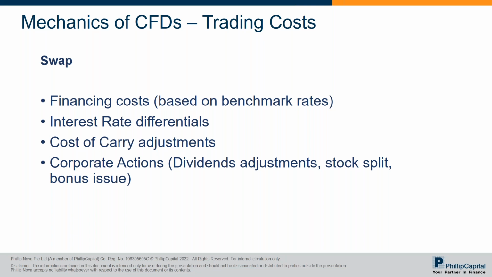Let's say you're borrowing a currency with a low interest rate and buying something with a higher interest rate. You end up incurring a little borrowing cost, and you're earning on the contract that you buy. In this case, your swap will be positive. Instead of paying a swap, you'll be receiving a swap.